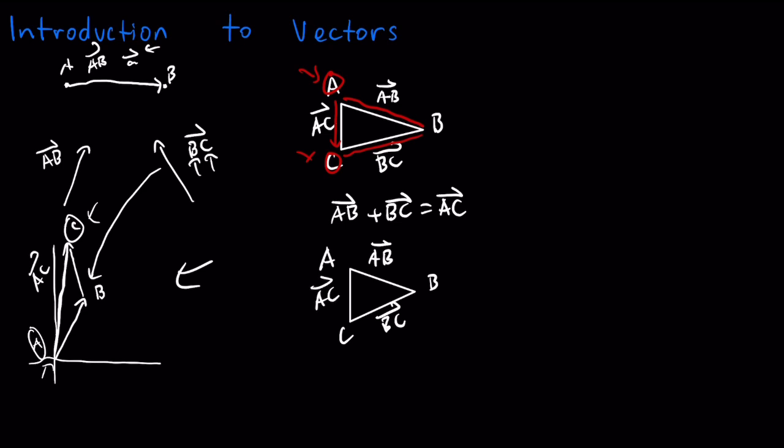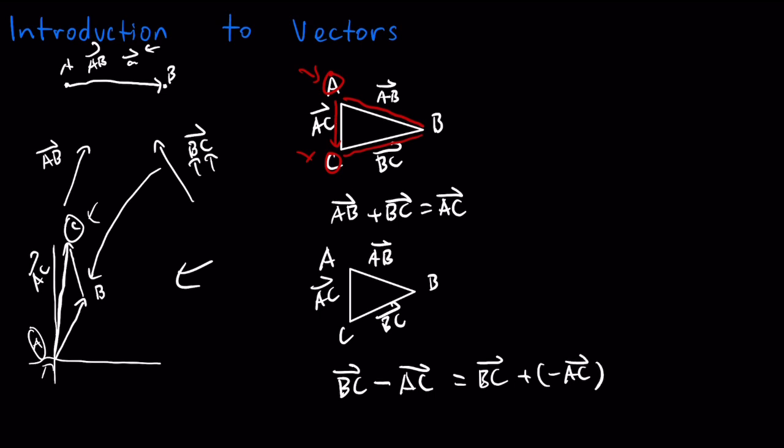Let's say we want to look at BC minus AC. So again, we can rewrite this and say this is equal to vector BC plus negative AC.